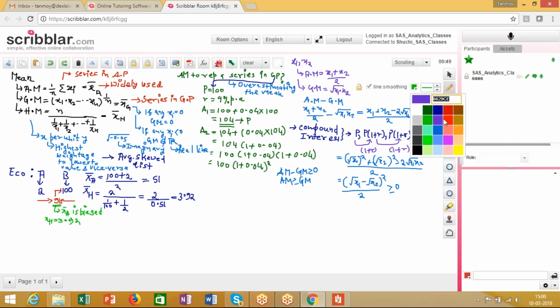This is the best advantage that this harmonic mean has. It is more representative of the lower end values because it gives the higher end values a lower weightage and the lower end values a higher weightage.